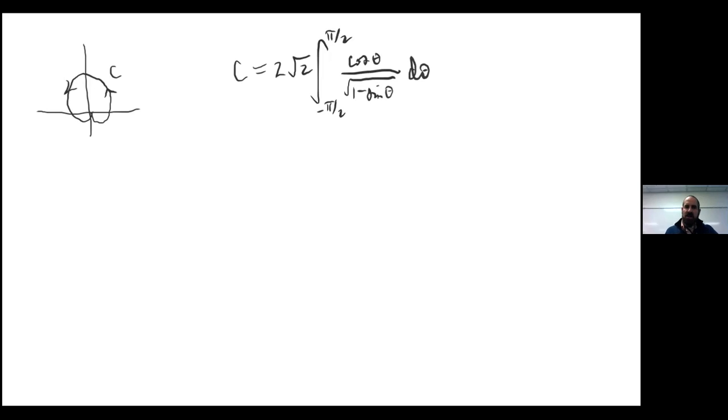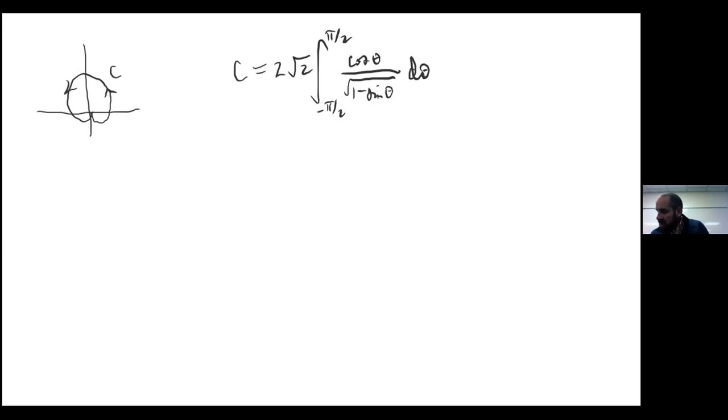Now, what am I going to do to solve this integral? What do you guys think? This is my way of trying to dig up some of the old stuff.